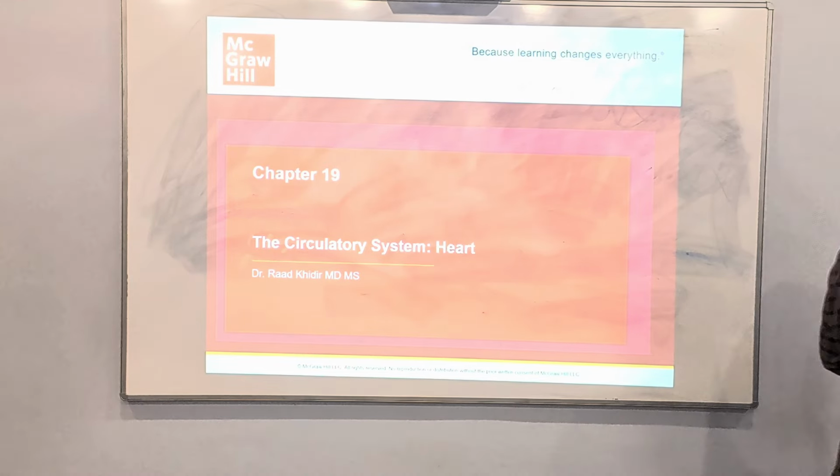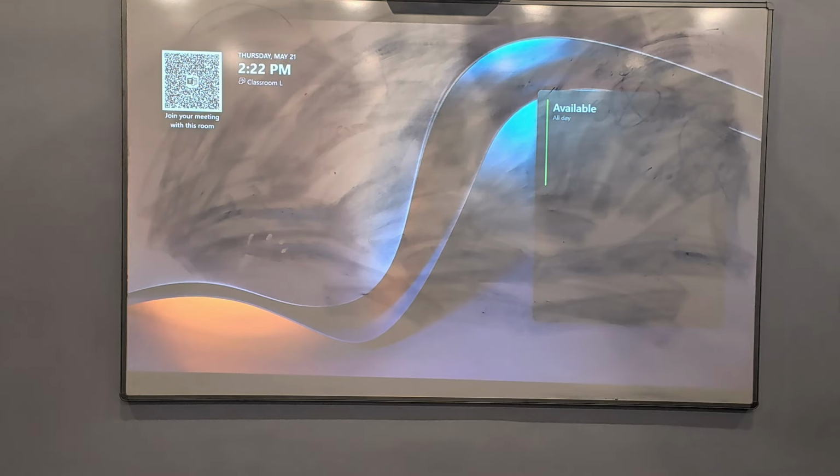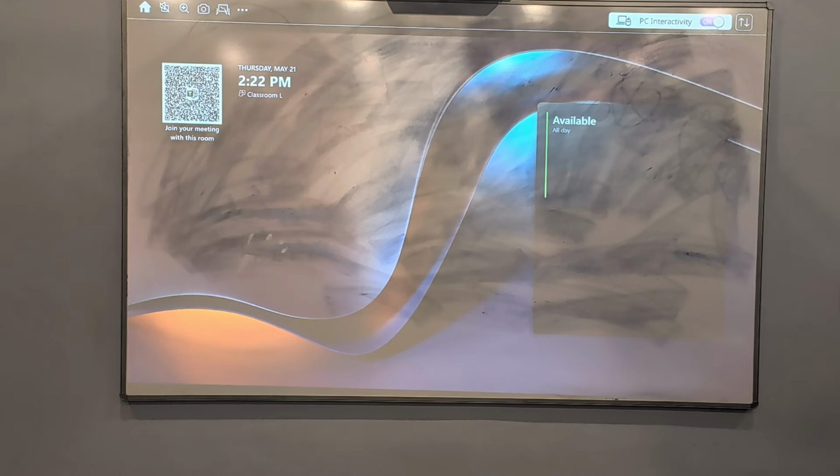It's a pressure pump. The heart is a huge pressure pump that creates a pressure gradient.